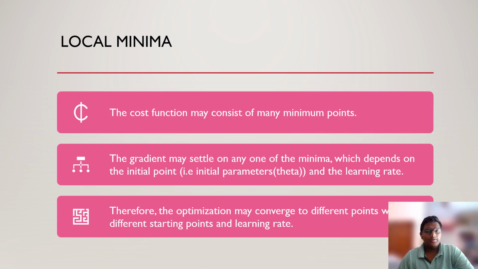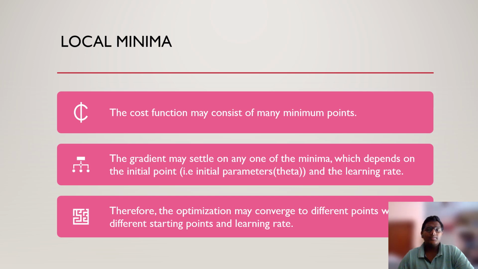As we discussed in the previous slide, what is local minima? As I mentioned, the cost function may consist of many minimum points. In the previous slide I gave a pictorial representation of the gradient. As the incremental step comes down, the cost function may have many minimum points. So the gradient may settle on any one of the minima, which depends on the initial points, initial parameters and the learning rate.